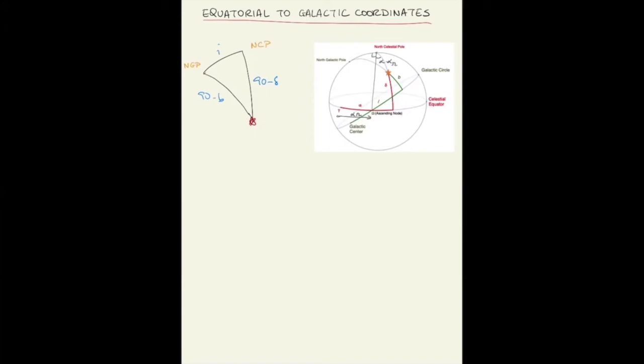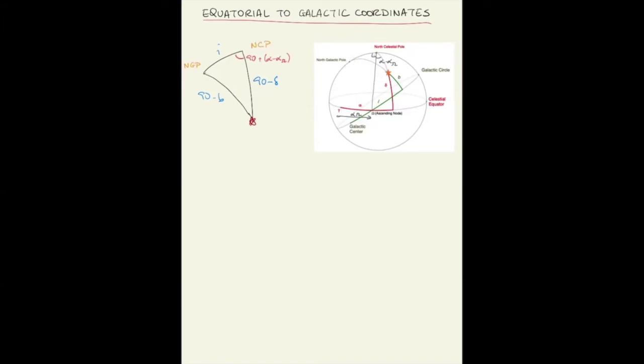And this is a right angle. So this angle here, with vertex at the north celestial pole, is 90 plus alpha minus alpha omega.